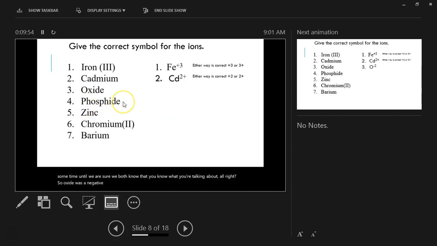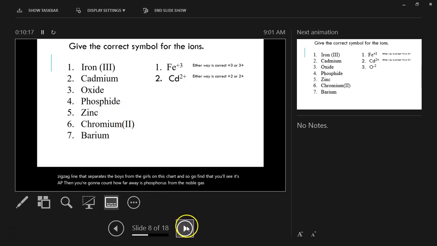How about phosphide? Well, it's "ide." That's an indicator that it's going to be on the right-hand side of the cootie line, the zigzag line that separates the boys from the girls on this chart. So go find that. You'll see it's a P. Then you count how far away phosphorus is from the noble gas column.